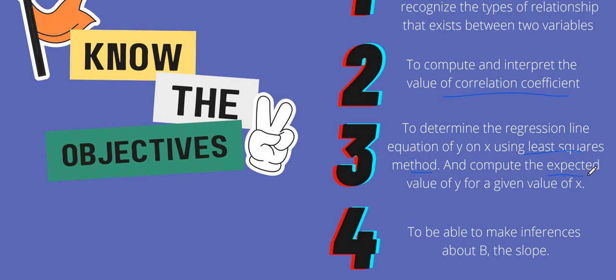Actually class, the word expected here is not referring to the mean. I understand that some of you may be confused because we already used the term expected value in the previous chapter, where the meaning of expected value was the mean. But here it is not the mean. Expected here is the number that we estimate.